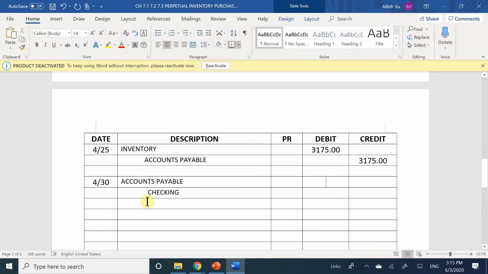In the description, I'm going to say check number 1. How much was this check written out for? 4,100. 4,100 is correct.